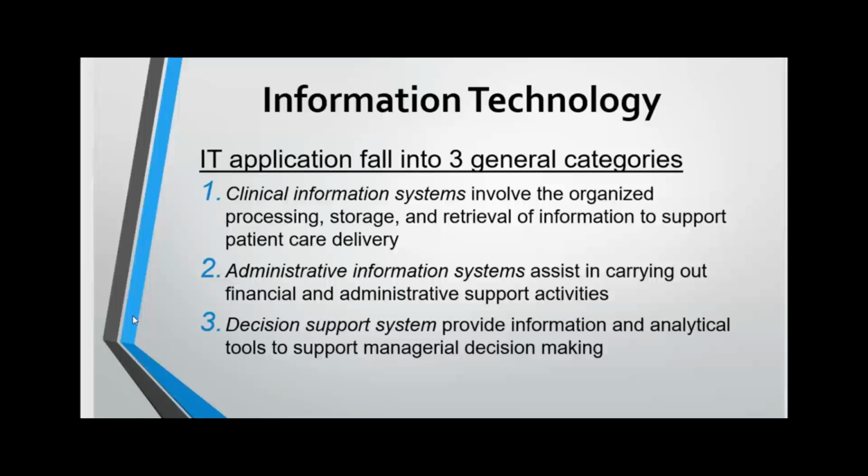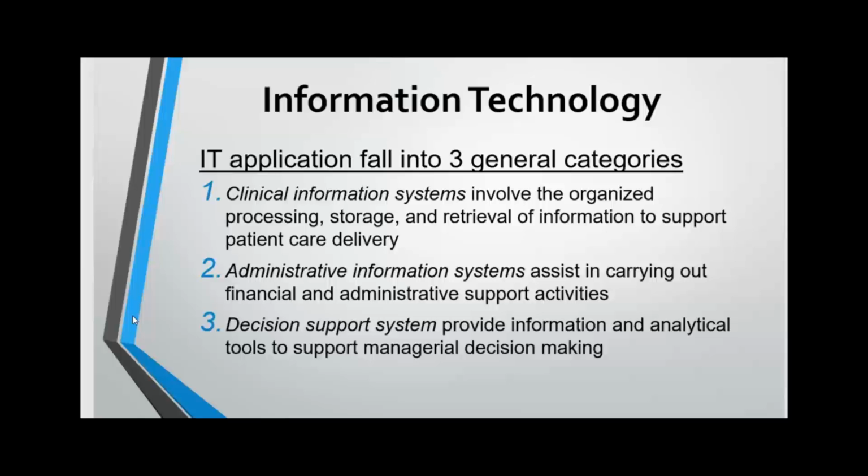So the first one is clinical information systems. So this involves the organized processing, storage, and retrieval of information to support patient care delivery. An example of this would be electronic medical records. Second, administrative information systems, which assist in carrying out financial and administrative support activities.